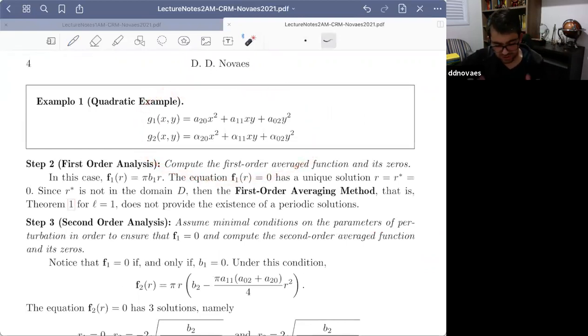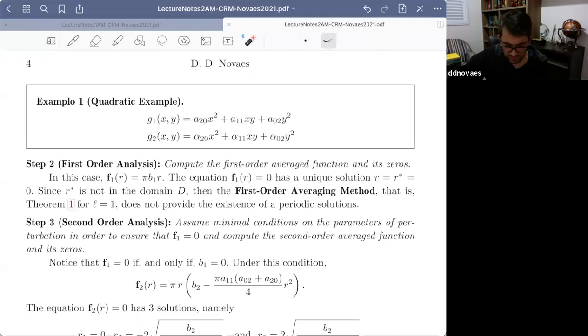Let's consider now the nonlinear term of our perturbation given as a quadratic function, and see if we can find good parameters here in order that our second order differential equation has a periodic solution.